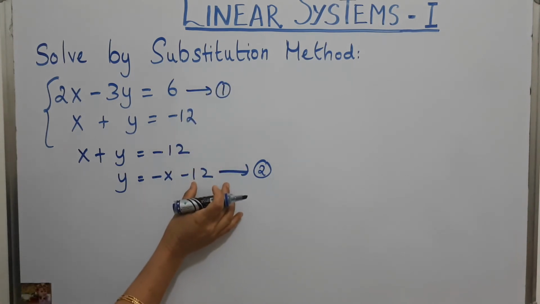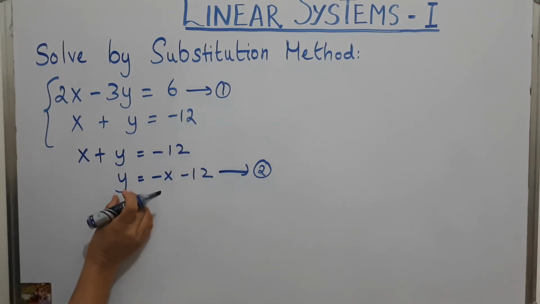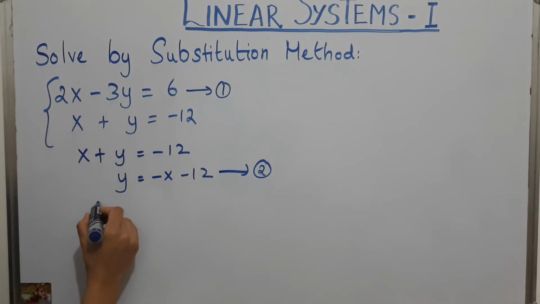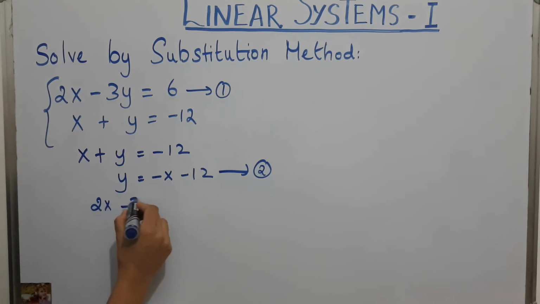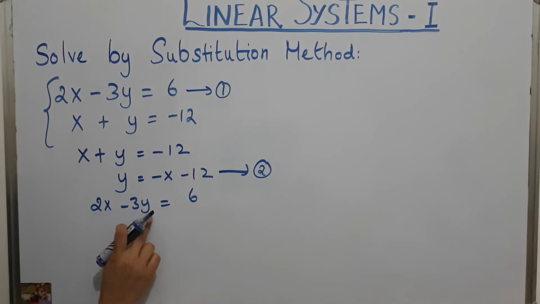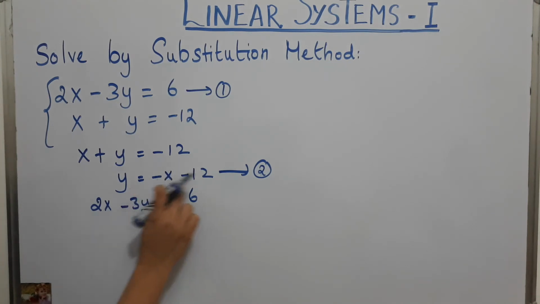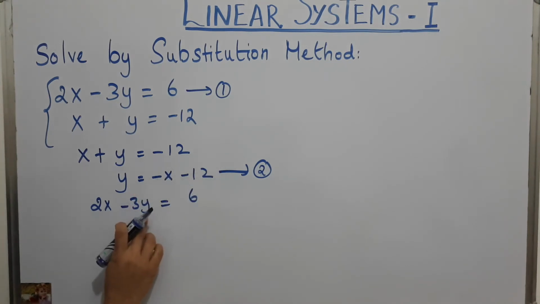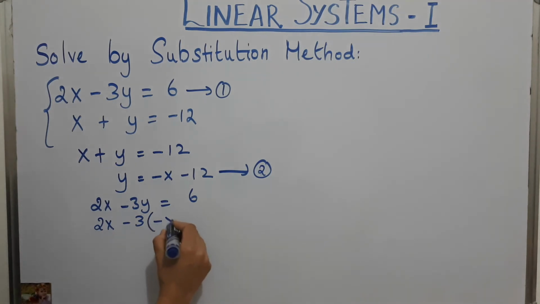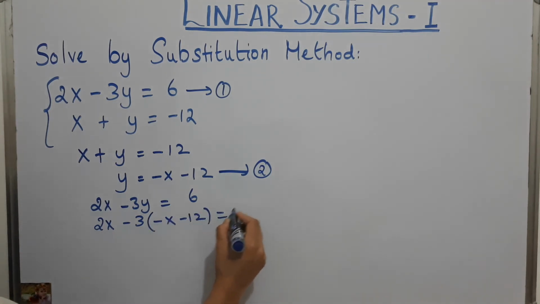Okay, so now you have to substitute the value of y into the first equation. So the first equation is 2x minus 3y equals 6. Now you have to replace the y value with this value. So you substitute the value of y, which means negative x minus 12, in the place of y. So 2x minus 3 times (negative x minus 12) equals 6.